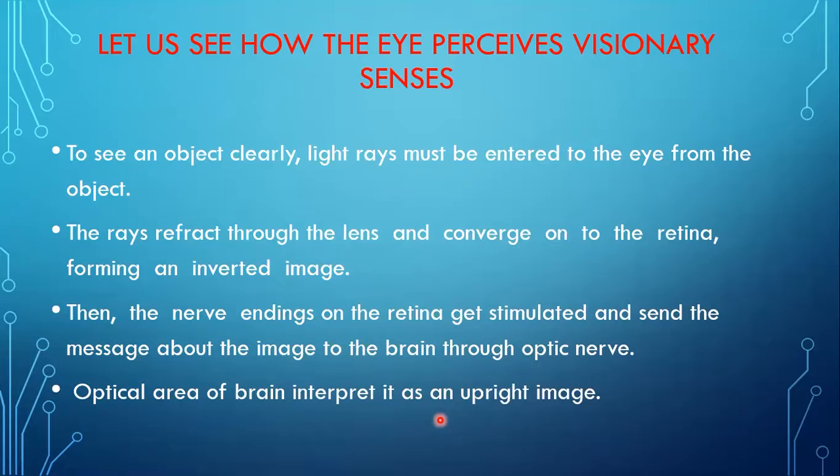The rays refract through the lens and converge on the retina, forming an inverted image. Then the nerve endings on the retina get stimulated and send a message about the image to the brain through the optic nerve. The optic area of the brain interprets it as an upright image.